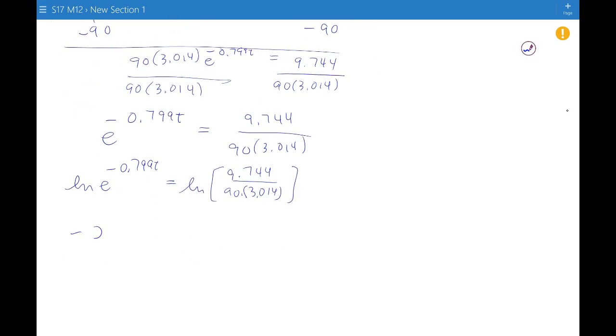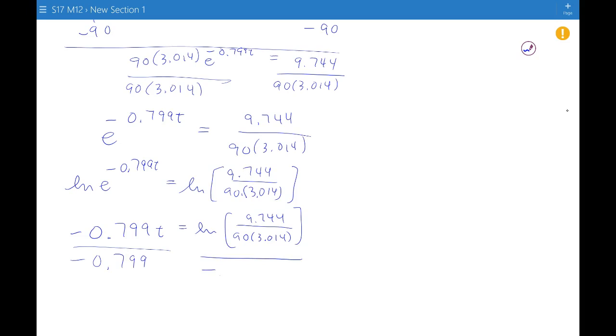And we know that the left side is going to be negative 0.799 t. The ln of all this stuff. And then I'm going to divide by negative 0.799. And let's see if we get something that makes sense for t.